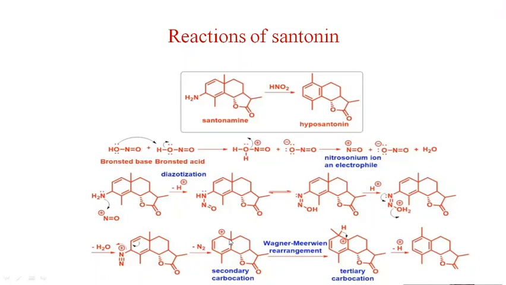This undergoes Wagner-Meerwein rearrangement, that is a 1,2 shift, resulting in the formation of a more stable tertiary carbocation, and which on expulsion of proton forms the hyposantonin. So the driving force for this Wagner-Meerwein rearrangement is the formation of a more stable aromatic ring.